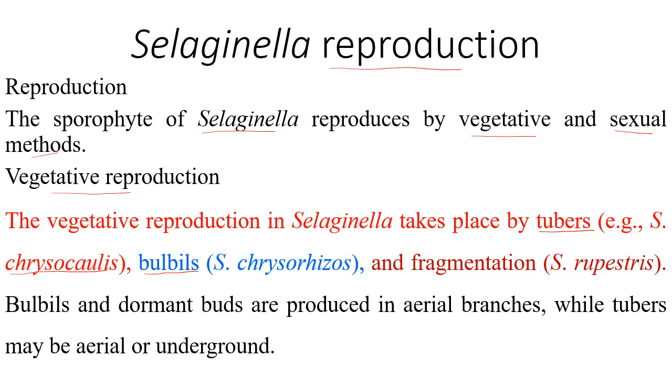By the bulbils, vegetative reproduction is taking place in chrysorhizos, and by the fragmentation of the plant body, it is taking place in the species Selaginella rupestris. Bulbils are actually dormant buds which are produced in aerial branches, while the tubers may be aerial or underground parts of the plant.